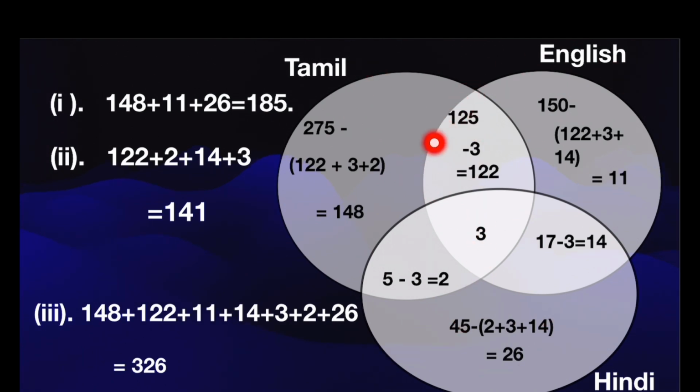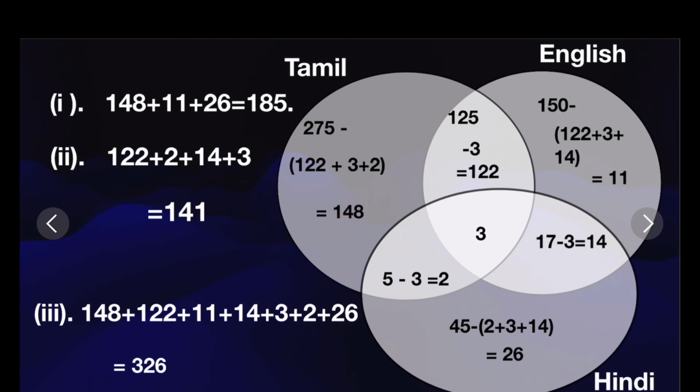This portion will be the people who buy only Tamil and English. This will be people who buy only Tamil and Hindi. This portion will be people who buy only English and Hindi. This portion, people who buy only Hindi, only English and only Tamil. This is how you should understand the Venn diagram.